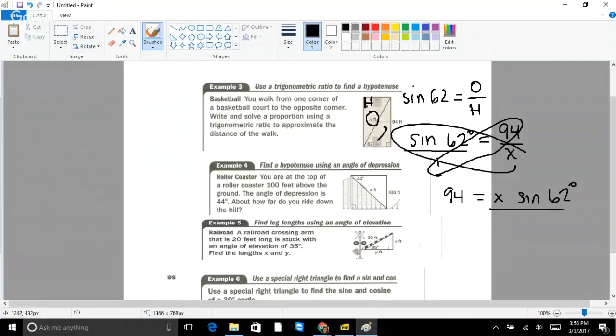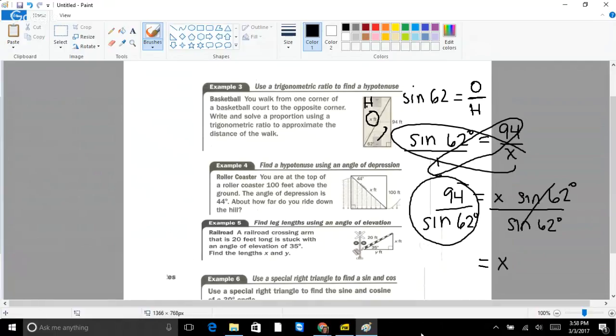And if I want to solve for x, I want to divide both sides by the sine of 62 degrees. Now, the sine of 62 degrees is a number, and it's always the same number. So old school, you can use a chart to figure that out, or you can use a calculator. So what we're going to do is use a calculator to calculate 94 divided by the sine of 62.